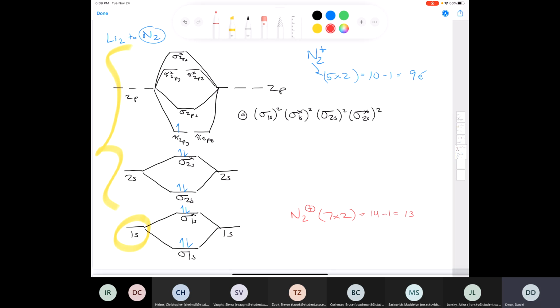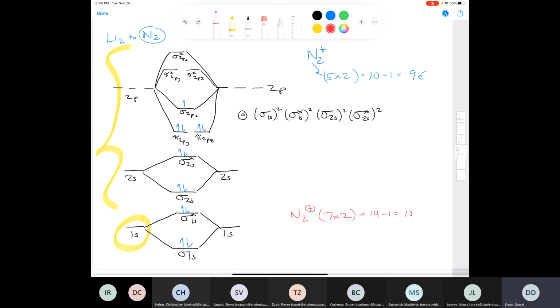So I have 1, 2, 3, 4, 5, 6, 7, 8, 9, 10, 11, 12, 13 electrons, like that. So I should have a total of 13 electrons. We'd get the same answer if I had just done the top part here and hadn't done the bottom. I'll even prove it to you.